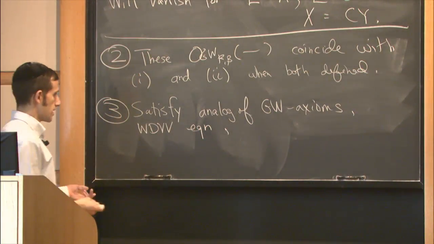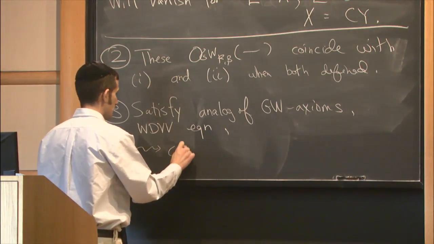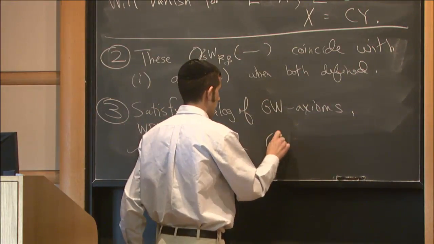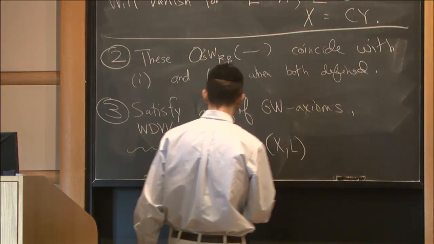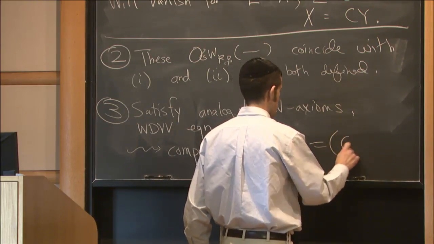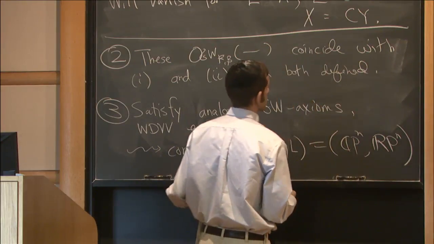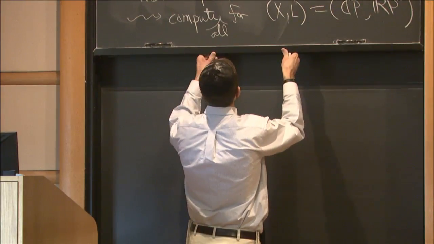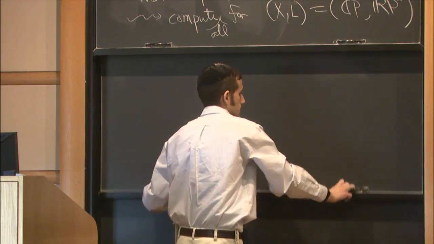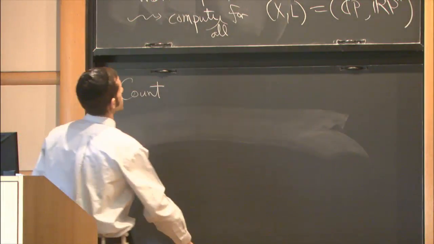And this allows you to compute the invariants for, say, XL. So we can compute all the invariants for XL equal to CPN, RPN. And there's a lot of different choices, and various enumerative and non-enumerative interpretations.